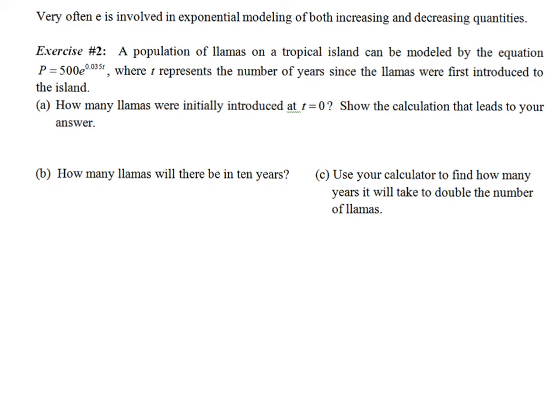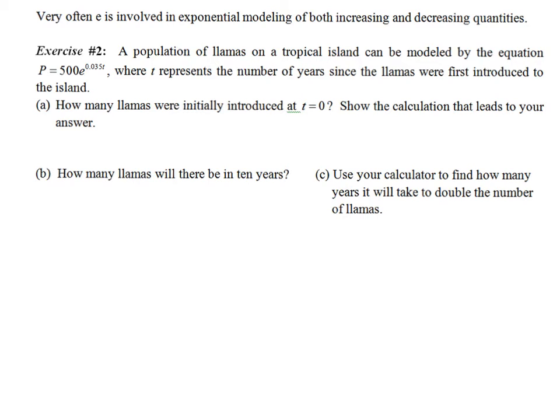Now, as I said before, e is often involved in exponential modeling problems, both increasing and decreasing quantities. Even though e has a value greater than 1, sometimes we will be able to use e in decreasing models as well. So let's get right into an application problem with exercise number 2.